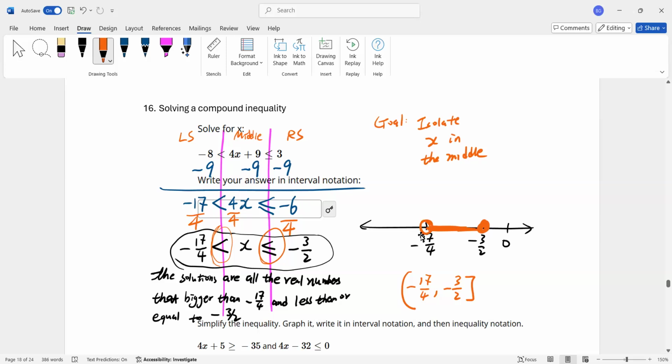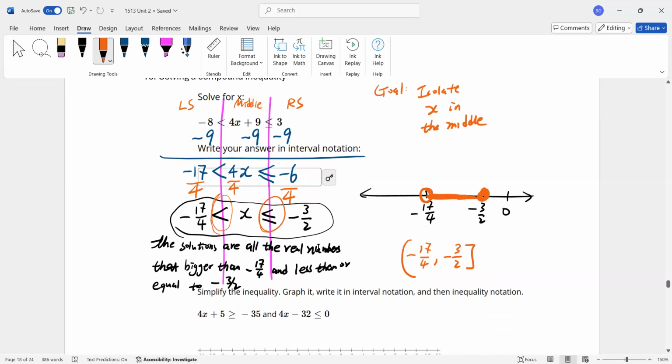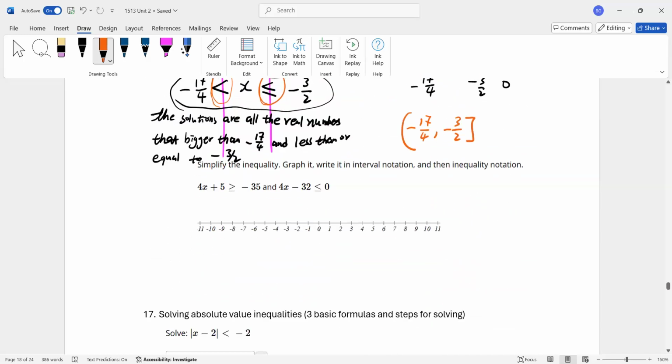Okay, yes, solid dot, exactly. So when the inequality symbol has a bar underneath, bracket, without a bar underneath, parentheses. Okay, those details matter. All right, let's move to the next question, another type of compound inequality.